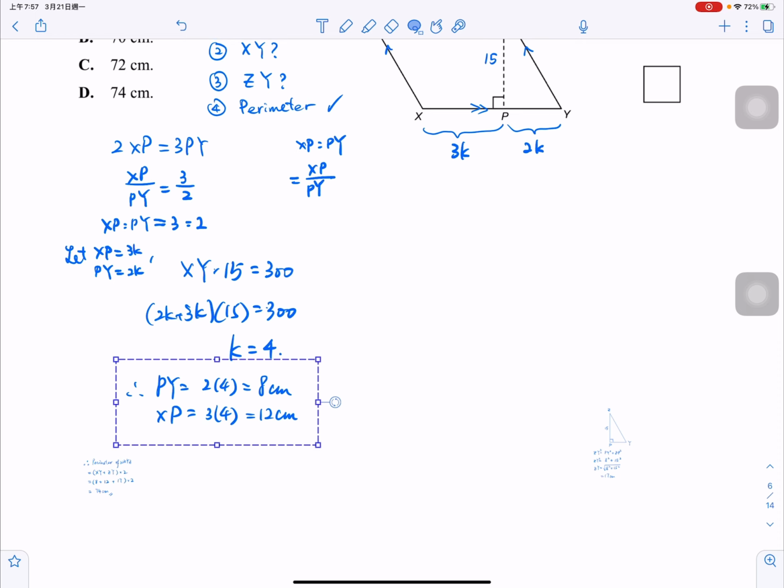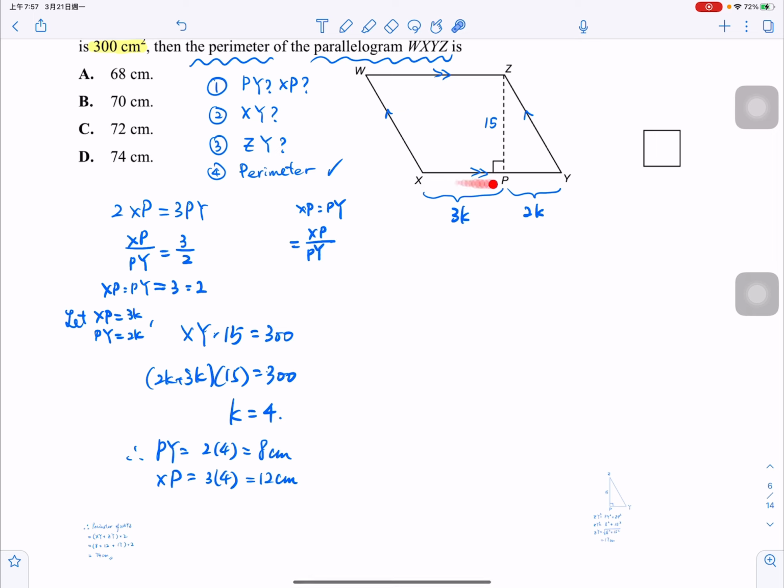So done. How about ZY? You see here PY is 8 cm, XP is 12 cm. So you know this one is 8 now. I use another color. By using a right-angled triangle, remember?